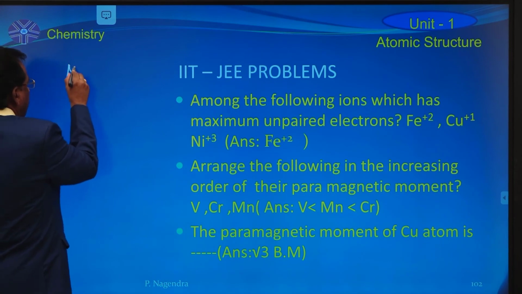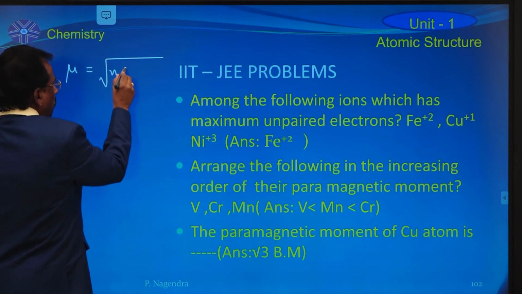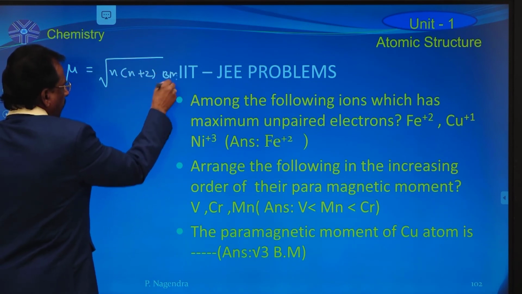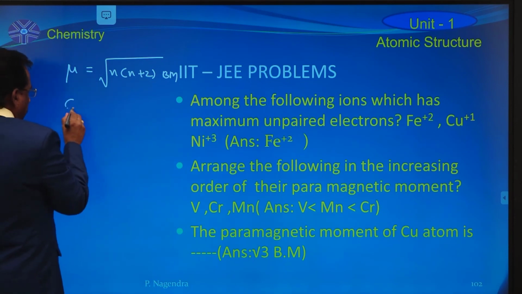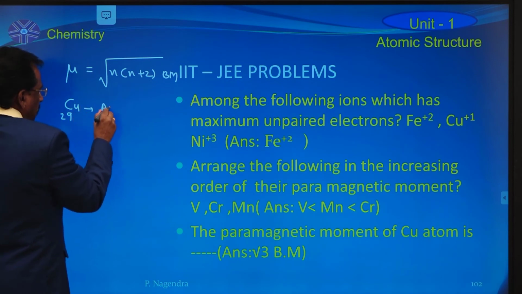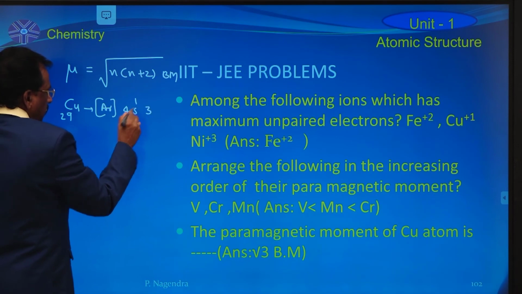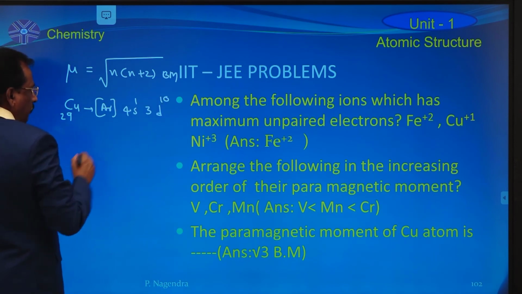And the next question is, the paramagnetic moment of the copper atom. This is the formula: the paramagnetic moment mu is equal to the square root of n into n plus 2 Bohr magneton. Here the atom is copper. The atomic number is 29. Its configuration is 4s1 3d10, an anomalous configuration.